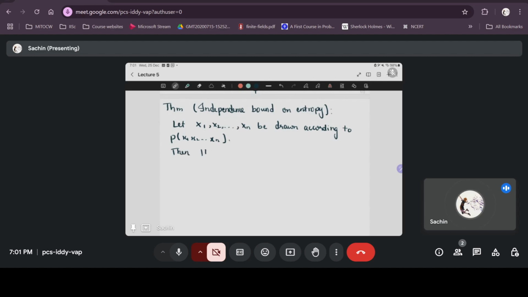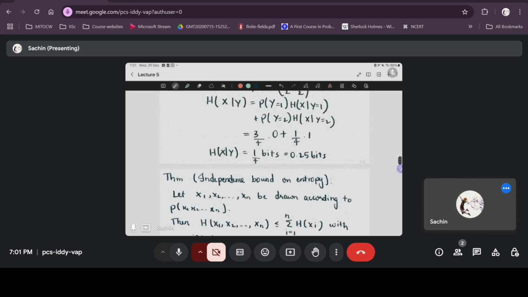Then h of x1, x2, up to xn, the joint entropy, is less than or equal to the sum of individual entropies, with equality if and only if the xi are independent.